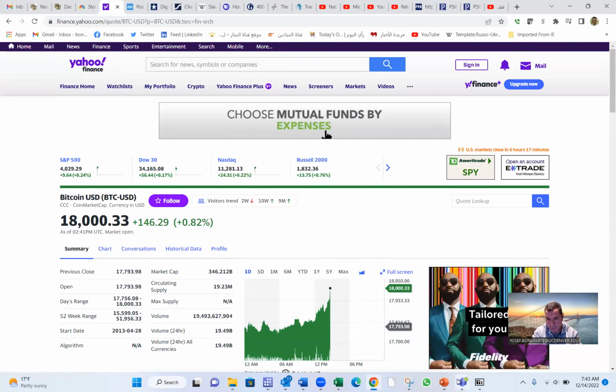The volume for Solana is $225 million on average in the last 24 hours. When I say average, some people buy at a high price, some at a low price. You look at the average price in the day and then multiply by the number of coins.